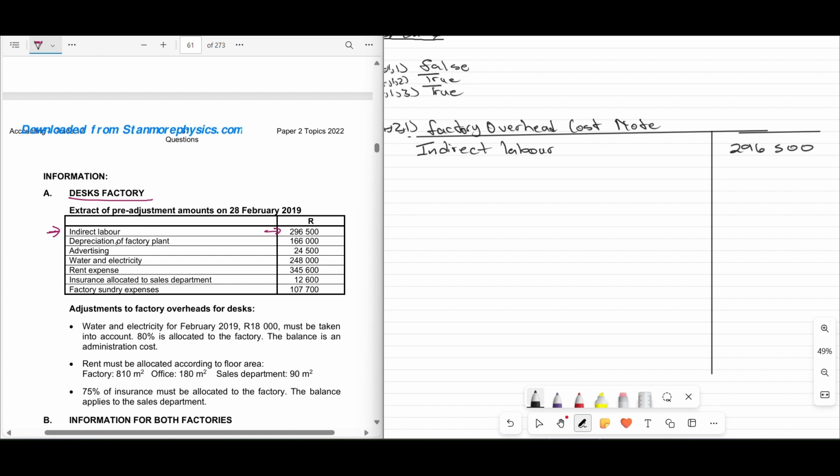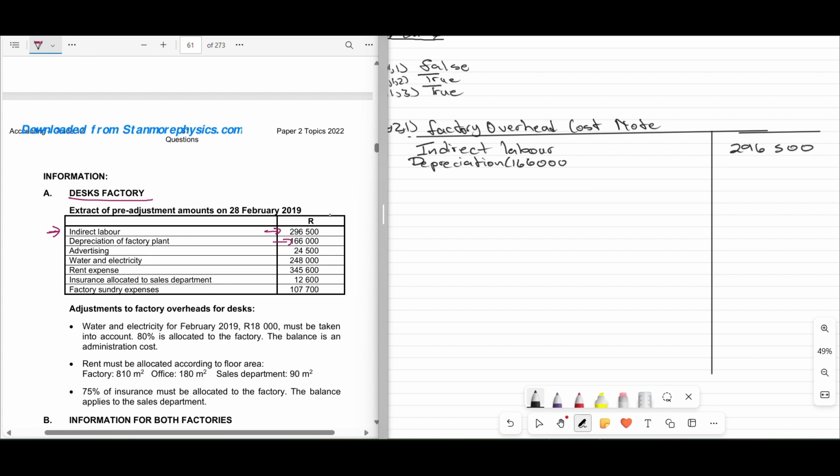Then we go to depreciation on factory plant. So let's just say depreciation. As I always tell you, you treat this the way you do your income statement. You open your bracket. Remember, you have adjustments there that you need to check. 166,000.